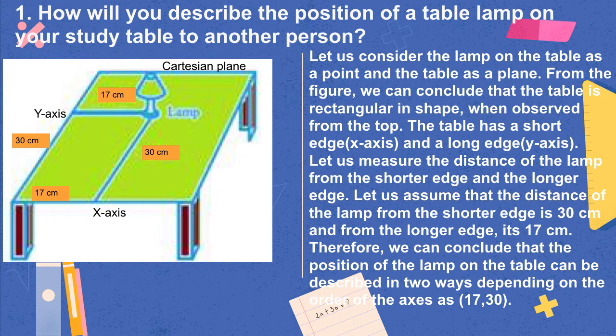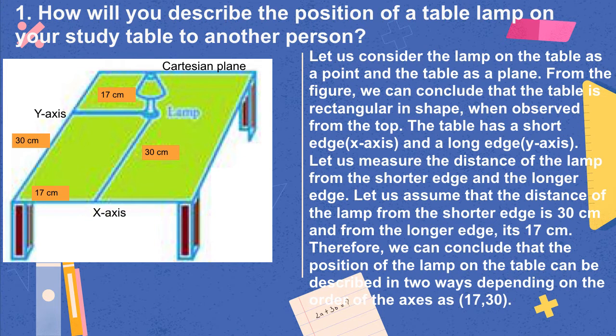Question number 1 is, how will you describe the position of a table lamp on your study table to another person? Now let's see how we will do this. First, let us consider the table to be a Cartesian plane. A table is generally in the form of a square or rectangle, meaning it has two dimensions: one is the length and the other is the breadth.